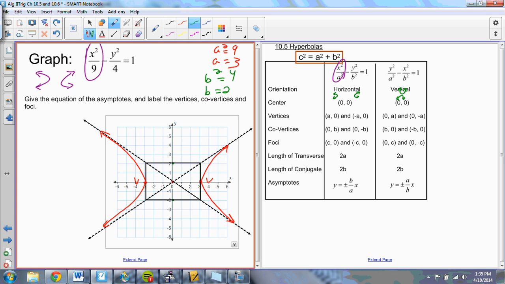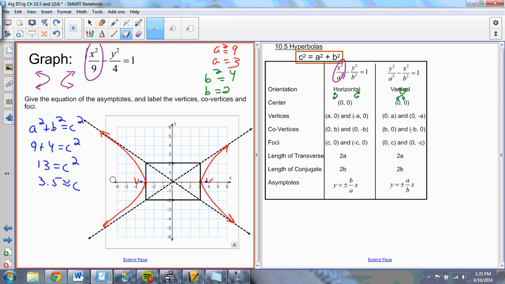So let's find the foci. To find the foci, I do the good Pythagorean theorem, which is 9 plus 4 equals c squared, which means that 13 equals c squared, which means that c is about 3.5. So I go right 3.5, and I go left 3.5, and those are my foci, those blue dots.